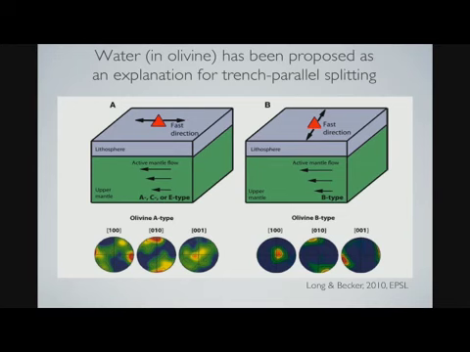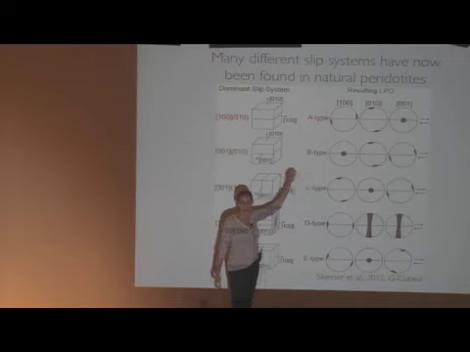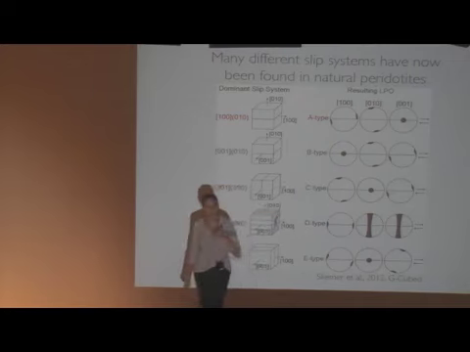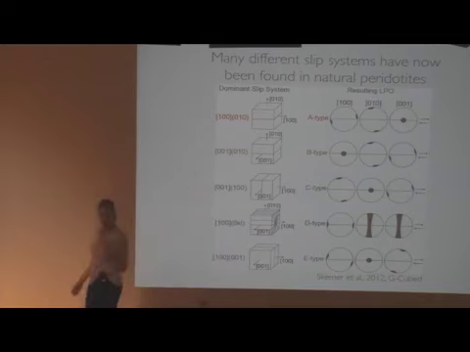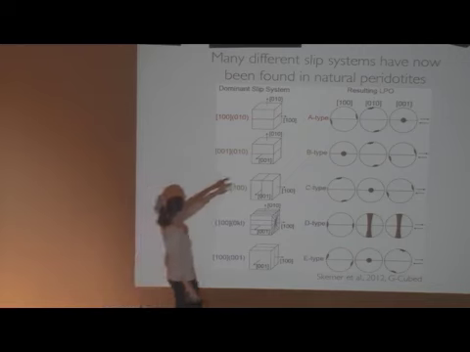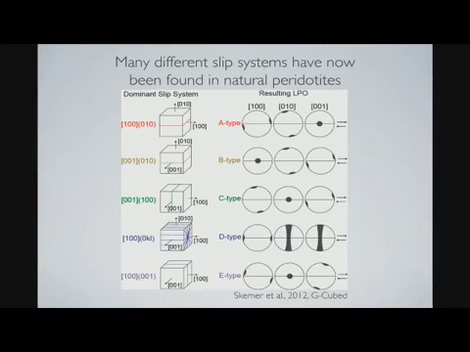You have to think geometrically, because your A-axis is the fastest, about how its orientation relates to the flow direction. In some of these other slip systems, D-type and E-type, the A-axis is still the slip direction, so you don't expect a change. You expect the A-axis to map onto your flow direction. But where you have a change to, say, a B-type fabric is when you would really expect a difference in how you're interpreting the seismic anisotropy.